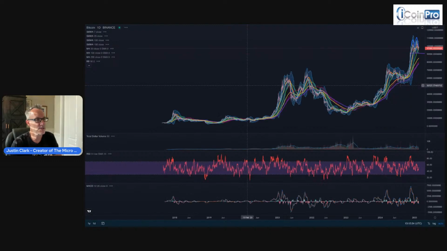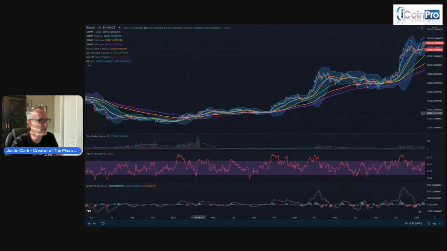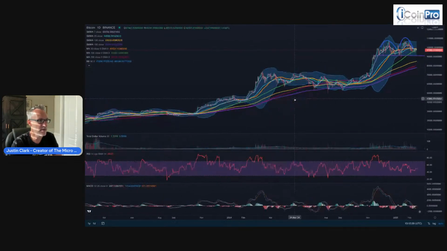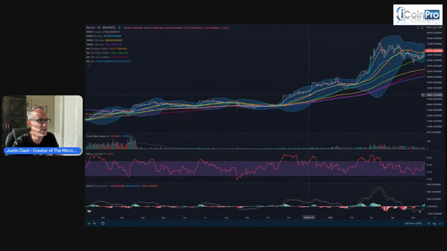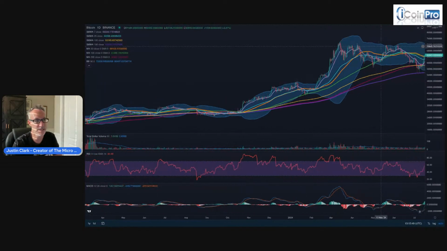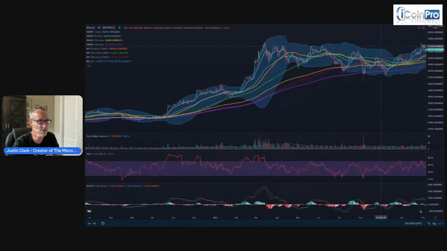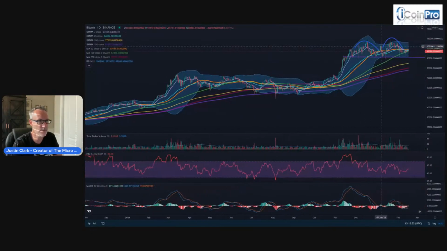Now, quickly, when the market is trading above all of these moving averages, in particular, when it starts to trade above this light purple moving average, it means that we are potentially building up bullish momentum, and almost definitely not in a bear market. So we're potentially in a bullish market.